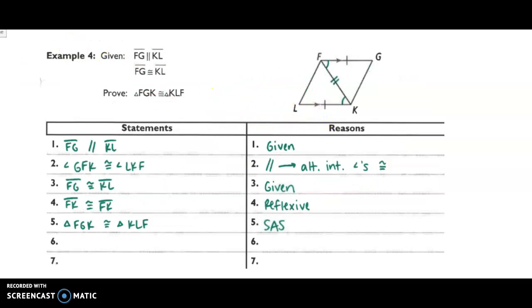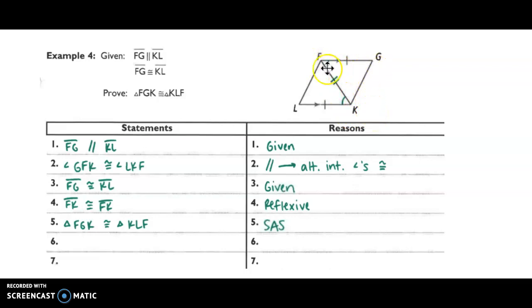And then a couple of proofs here to end with, okay? Example 4, you're trying to show that these two triangles are congruent, okay? So if you look through this proof, right, you're given that FG is parallel to KL. So FK is the transversal, okay?